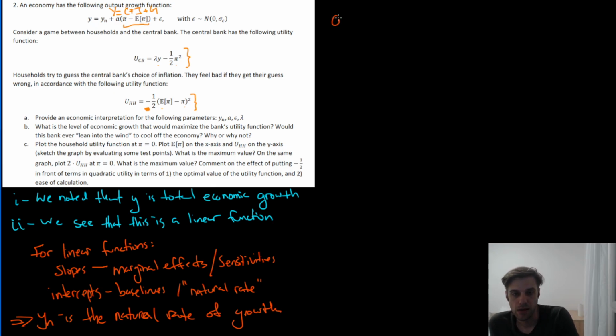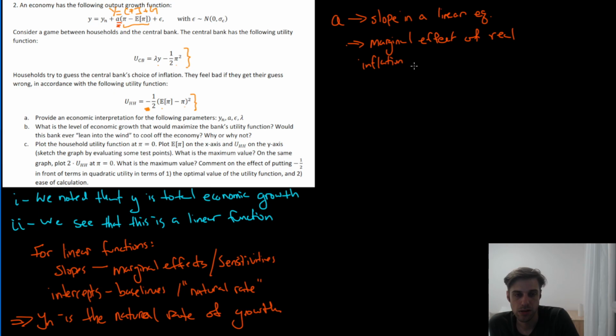How about a? Well, a appears next to a variable, so a is a slope. We see that a is a slope in a linear equation. Therefore, a is the marginal effect of real inflation on growth.